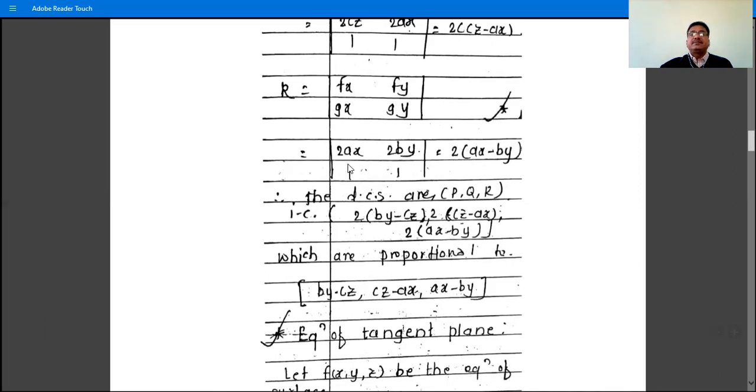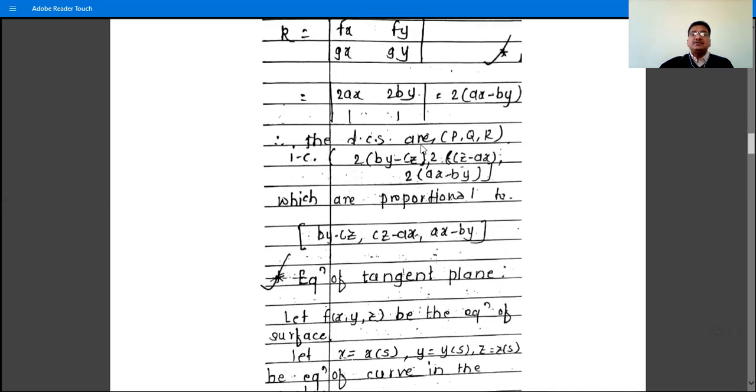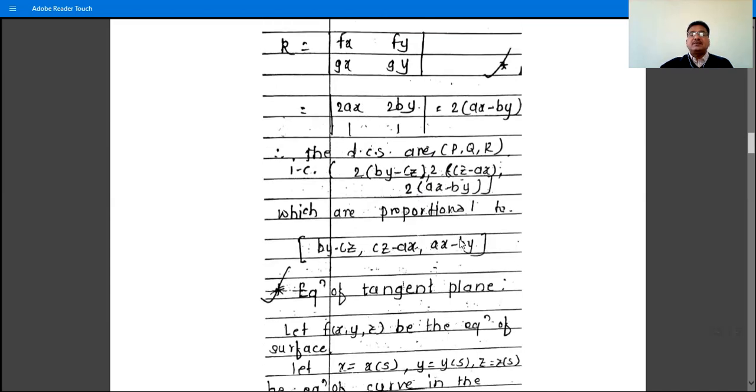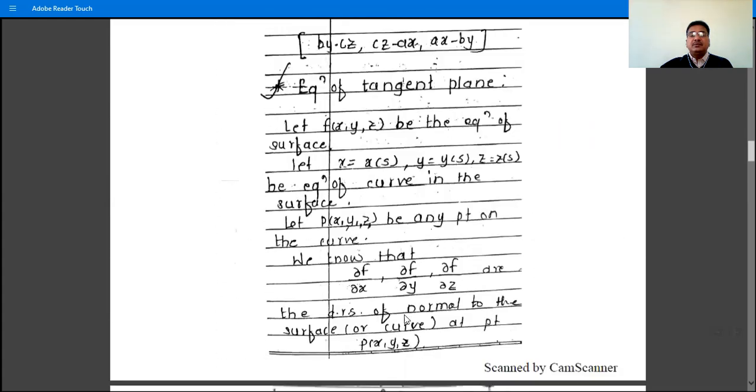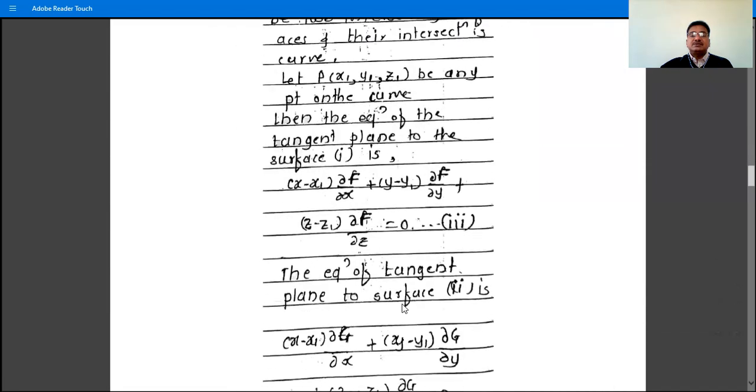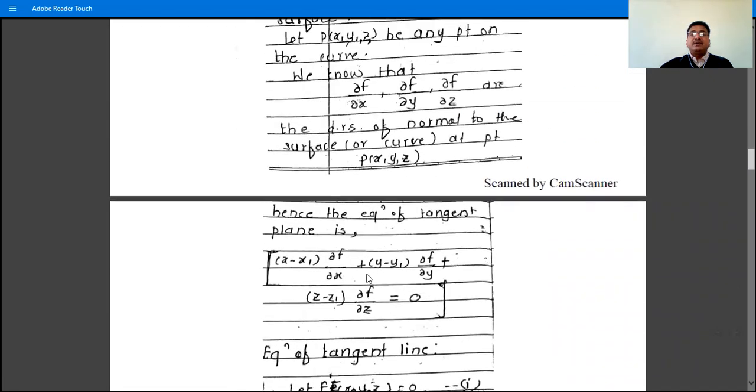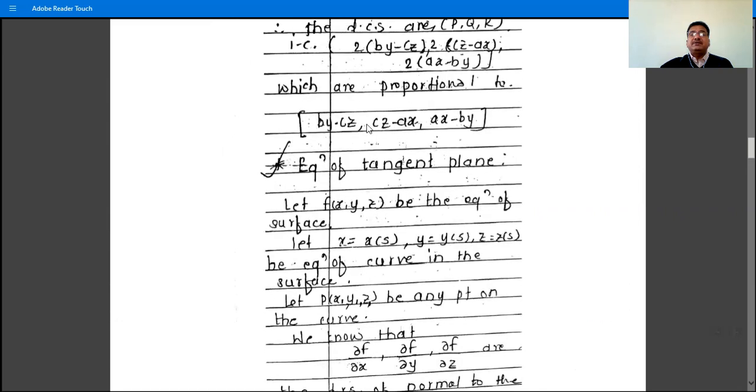Therefore the direction ratios of the tangent line are P, Q, R, that is 2(by − cz), 2(cz − ax), 2(ax − by). These are proportional to by − cz, cz − ax, and ax − by, because if we multiply these direction ratios by 2, we get this answer.